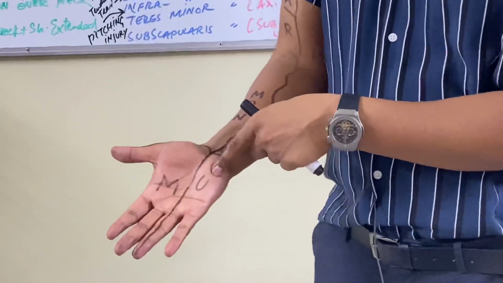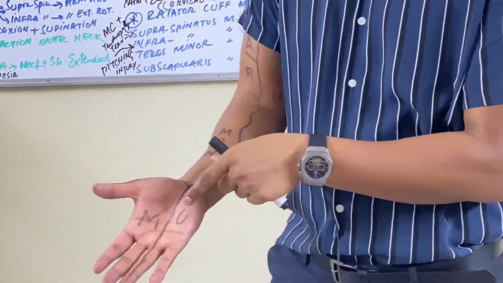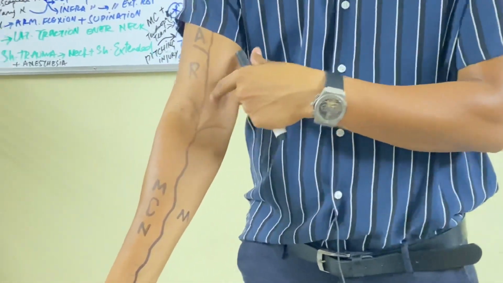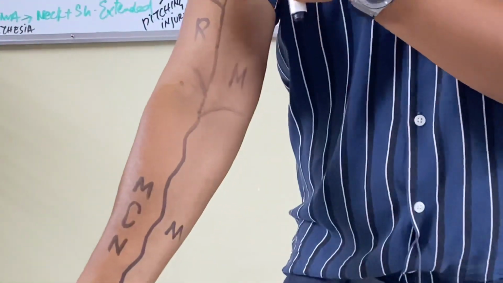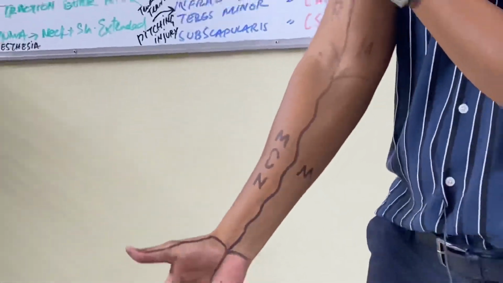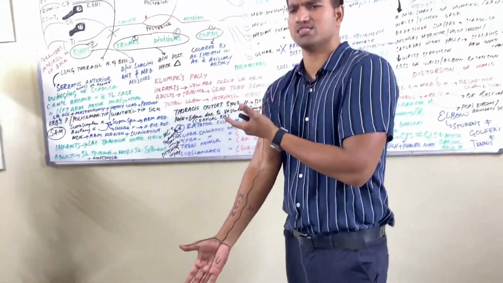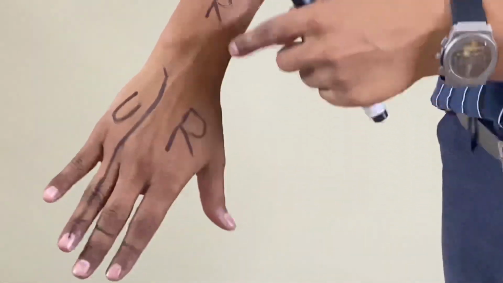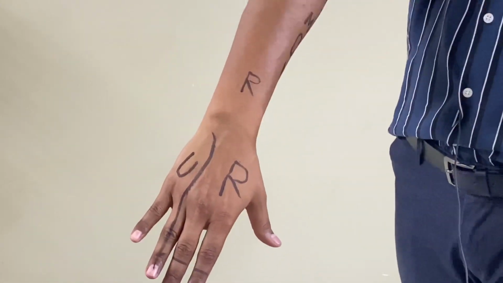Sensation from the medial 1.5 fingers by the ulnar nerve, because you can see over here this area gets sensation by the radial nerve, and this area by the axillary nerve, because the deltoid muscle area is innervated by the axillary nerve. And if you talk about the posterior part, the posterior compartment of the arm is by the radial nerve.